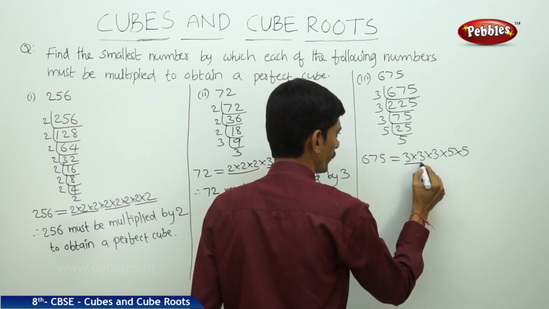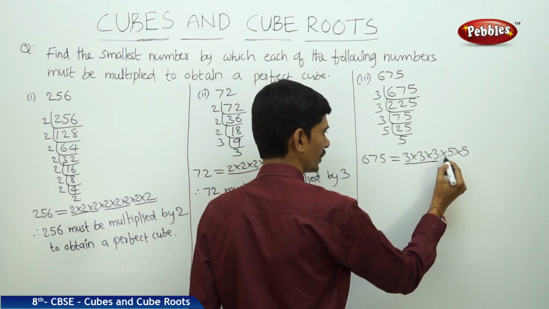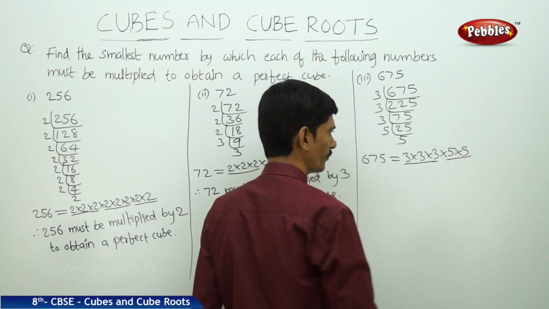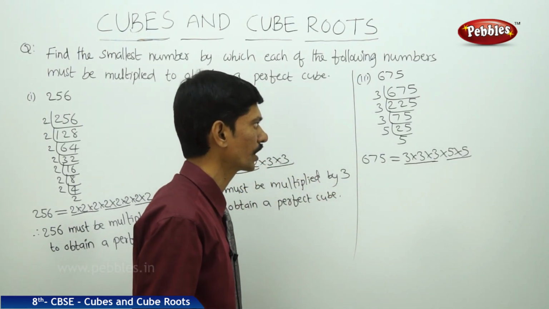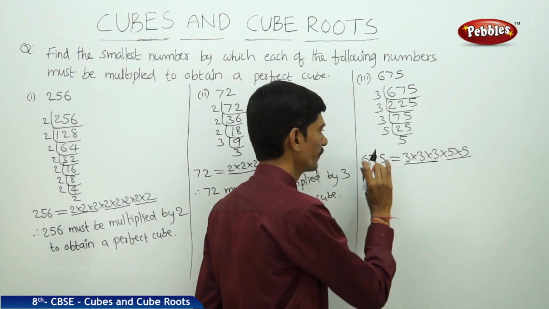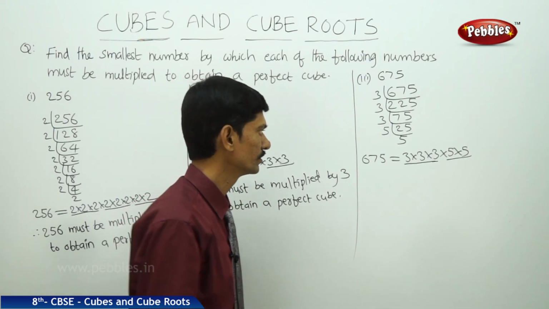So in the prime factorization of 675, the first prime factor 3 occurs 3 times, but whereas the second prime factor 5 occurs only 2 times. So to make a group of 3, the given number 675 should be multiplied by 5.